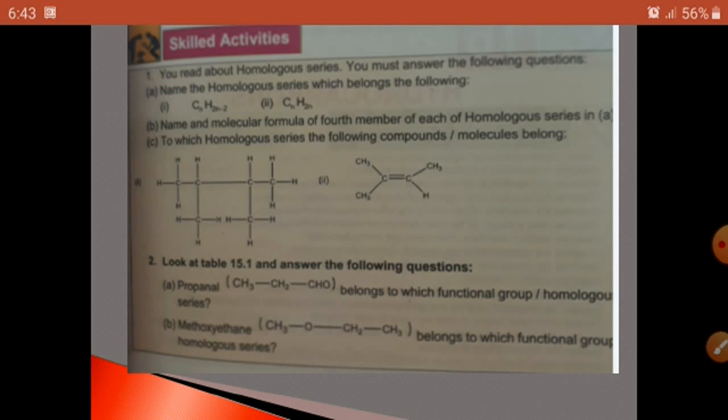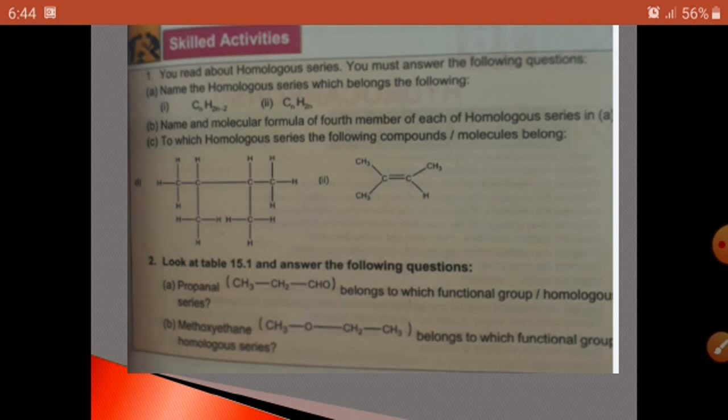Second, look at the table and answer the following question. Propanal, CH3, CH2, CHO, belongs to which functional group and which homologous series? I think you should be able to answer these questions without seeing the table. You know about the functional group of aldehyde.